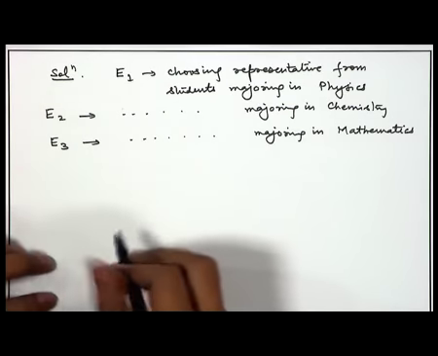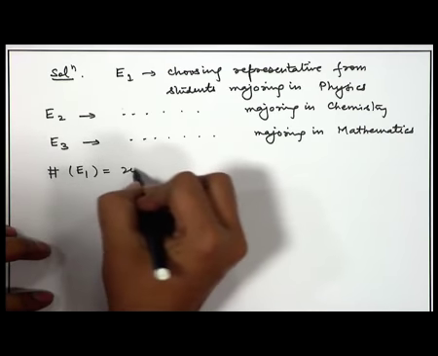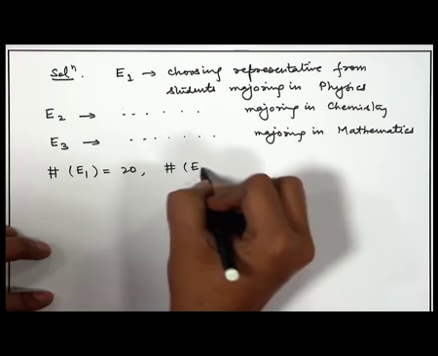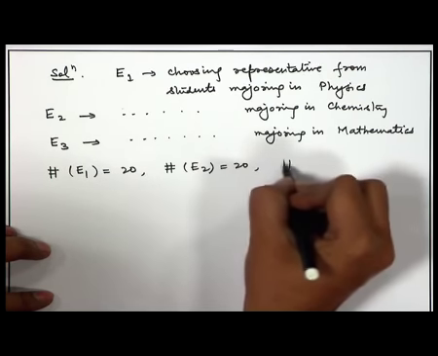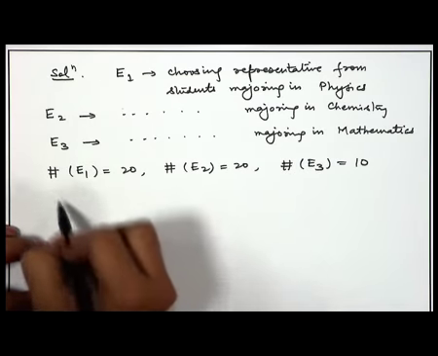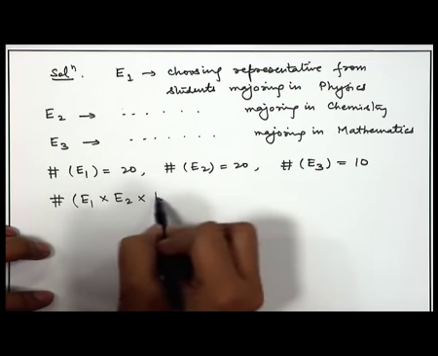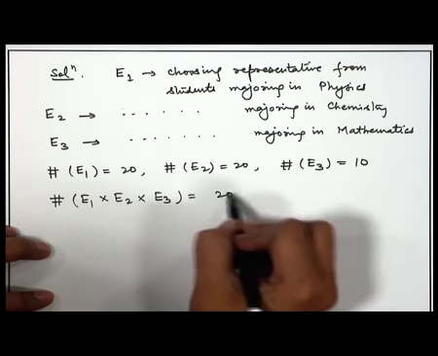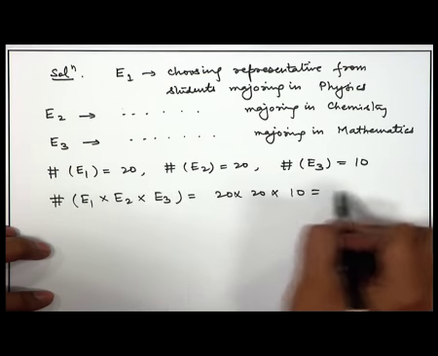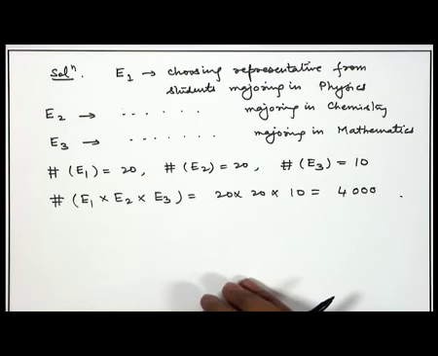Then the cardinality of E1 is 20, the cardinality of E2 is 20, and the cardinality of E3 is equal to 10. And therefore, the cardinality of E1 cross E2 cross E3 is nothing but 20 into 20 into 10, that is equal to 4000. So, there are 4000 different ways of choosing 3 representatives, one from each group.